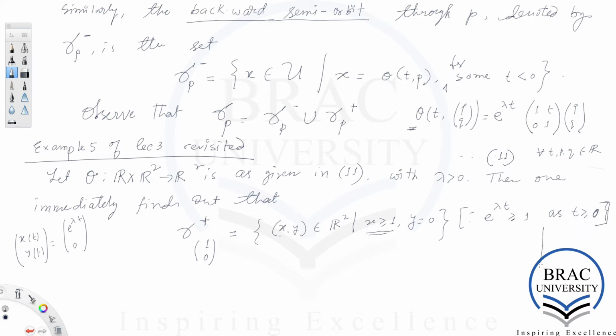It follows from the graph of the exponential function, which is e to the lambda t, and this is 1, right? And since we are only considering the positive or 0 t's, we are just taking everything above 1, right? So that's why.